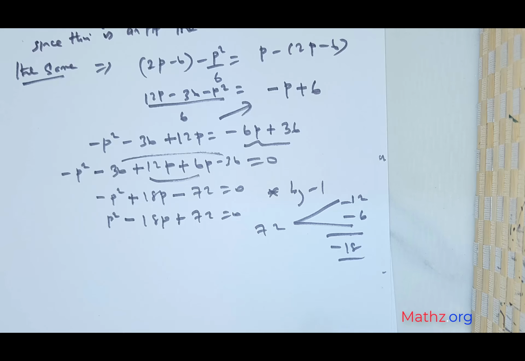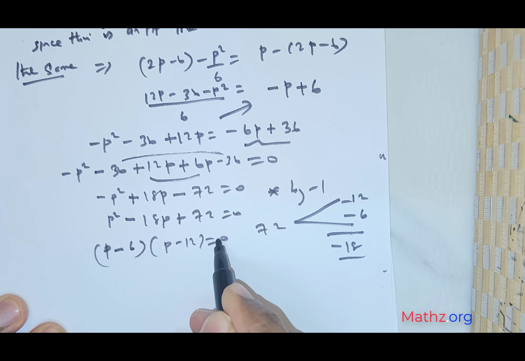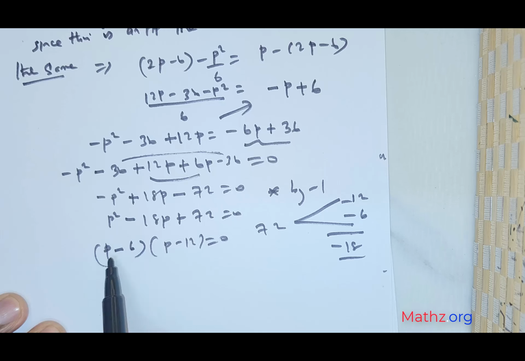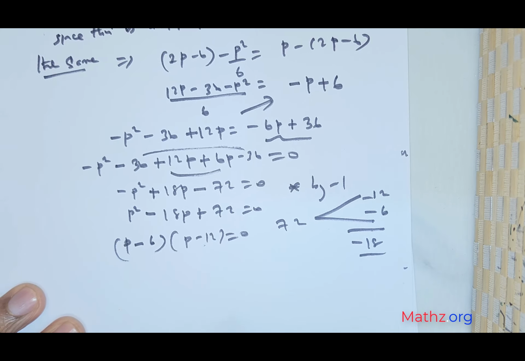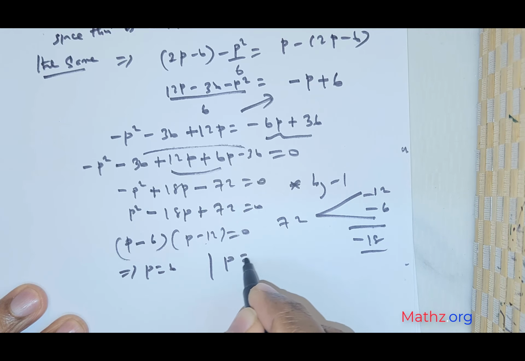So having got these two values, this in turn would mean I have (p − 6)(p − 12) is equal to 0. p times p is p squared, −12p − 6p is −18p, and −6 times −12 is +72. That's fair enough. So from here p is equal to 6 and p is equal to 12.